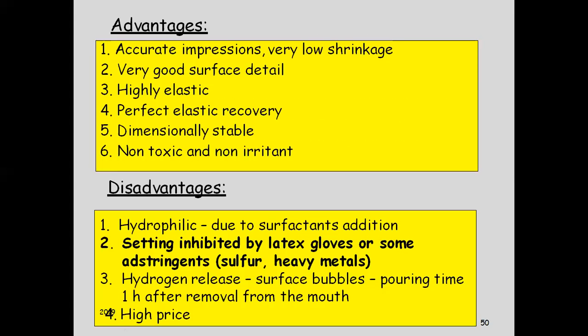Now, what is the difference between C-silicon and A-silicon? You can remember A-silicon and C-silicon. How we will take impression: in case of C-silicon, there is only a two paste system. We have to mix it with the hand and just take the impression. Again, you have to mix the heavy body with the catalyst.